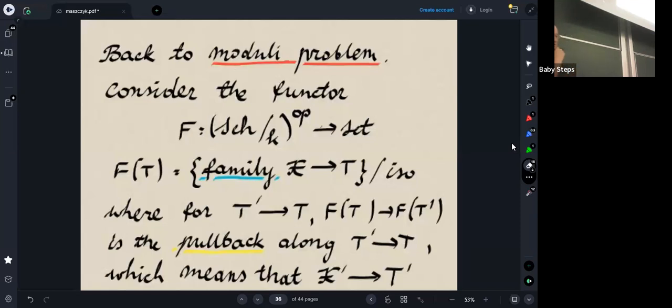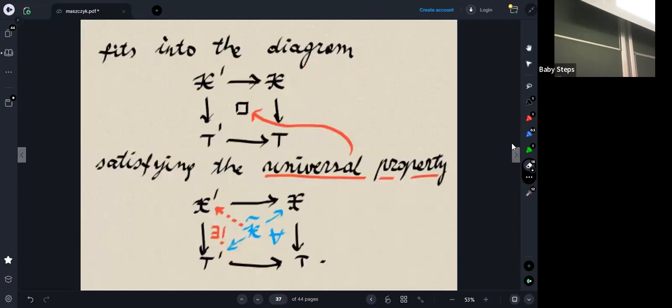It is defined by something called the pullback along this morphism from T prime to T, which means that the new family obtained as a result of this pullback, which I denoted by X prime over T prime, fits into the following diagram. It's a square where you have two vertical families, X over T and X prime over T prime, satisfying some condition, which is denoted inside of this square by this little square.